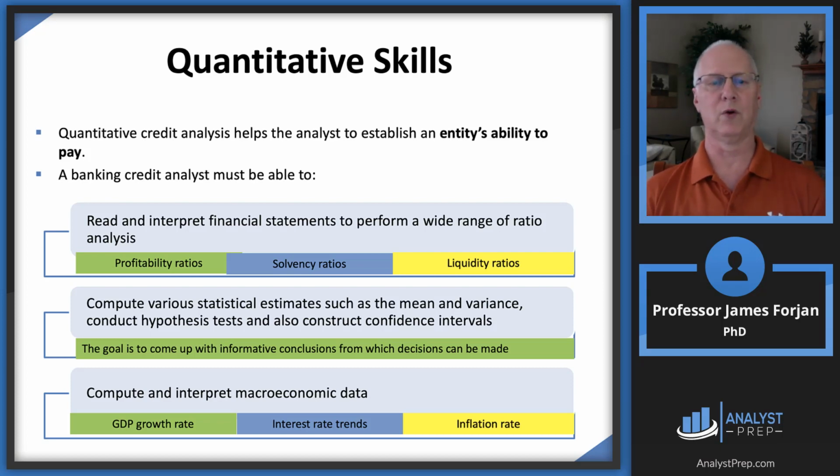Liquidity ratios, of course, measure the ability of the borrower to meet short-term obligations. And that's important because when we're making a loan to a business, we want to know if they can meet their short-term obligations, plus can they meet their long-term obligations, which then switches us over into the solvency ratios or the debt ratios or the leverage ratios, whatever you want to call them.